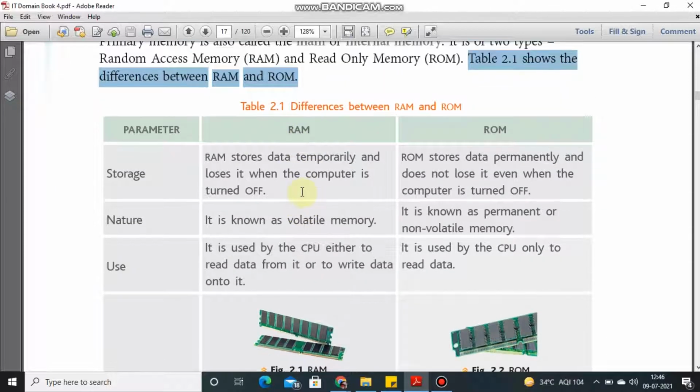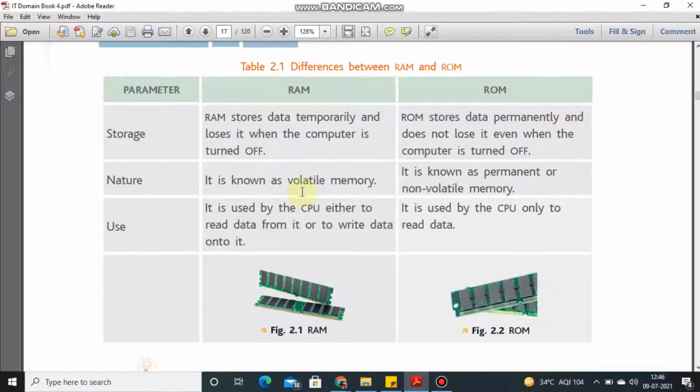We studied the same in our class also. Differences between RAM and ROM. The first difference is on the parameter of storage. Storage में how they are different. RAM stores data temporarily and loses it when the computer is turned off. RAM stores the data for a temporary period.